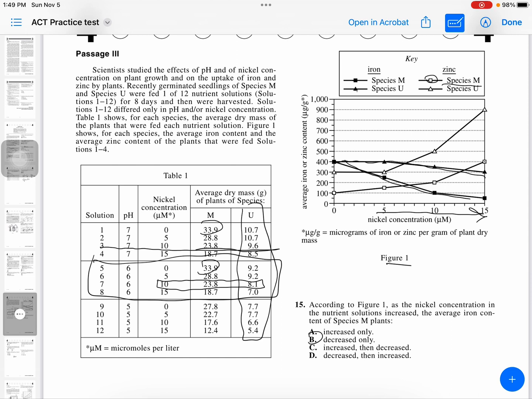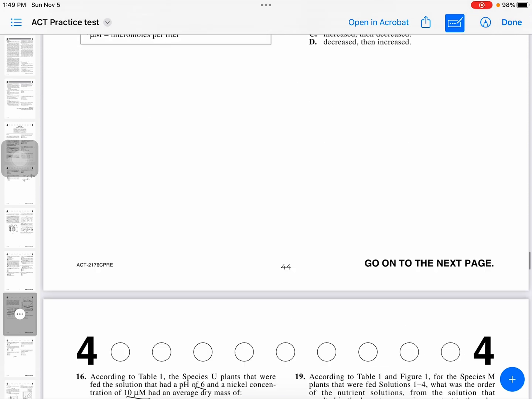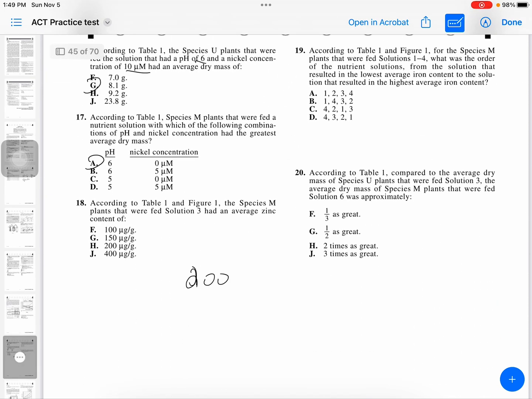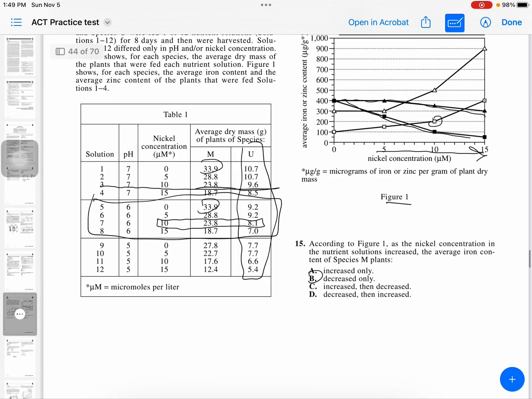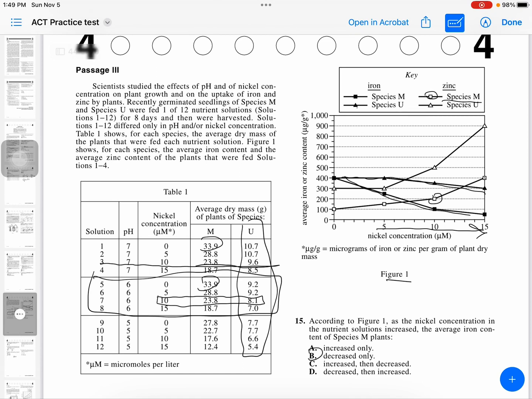Nickel concentration, species M, 223.9. So let's look at our possible answers. Well, we didn't have an average of 100 or 400, that's pretty obvious. Fed solution 3. Oh my goodness. pH 7, nickel concentration 10. Okay, there we are. That's why they give us solution 3, nickel concentration 10, and then that's 200 there.